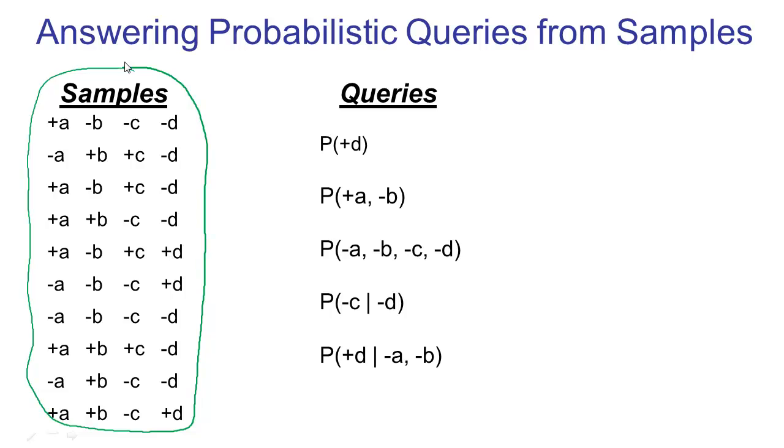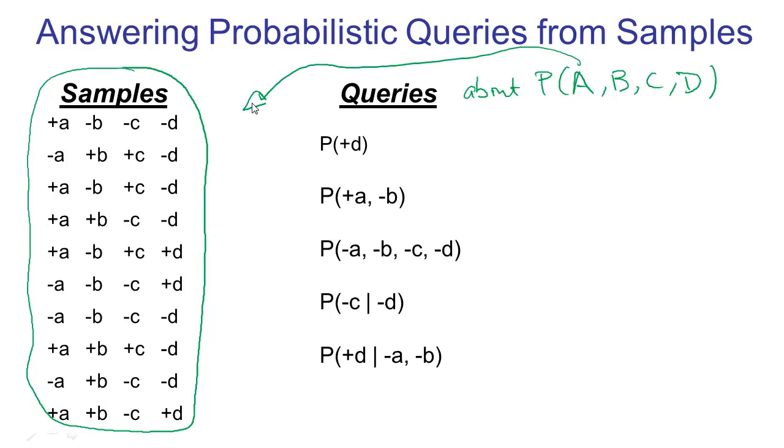And here's a set of queries we would like to answer about the joint distribution over A, B, C, and D, from which we sampled to get these samples here.